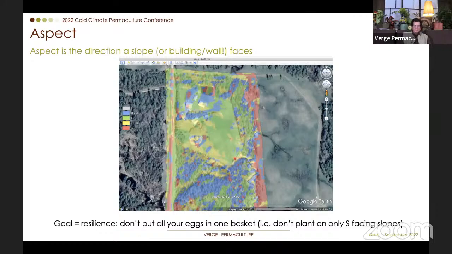But I will note that just because you have south facing slopes and a hot microclimate doesn't necessarily mean you should go ahead and plant every single thing you have there. We planted different things in different microclimates around here for good reasons. And that is, you don't want to put all your eggs in one basket. Let's say, for instance, we had a very warm early spring.